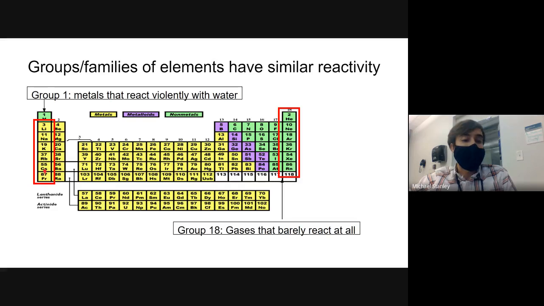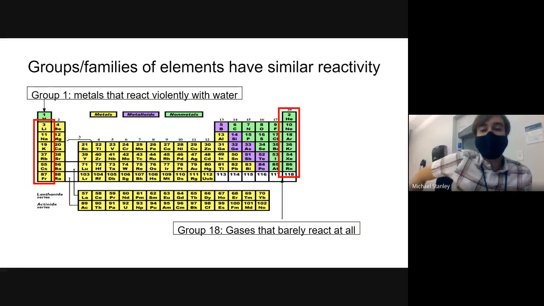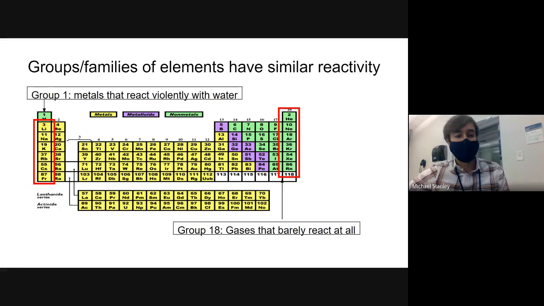This first group, all of these guys have only one electron on their outer shell. So they have a very empty outer shell. So all of these elements are extremely reactive. They have very, very, very high reactivity.